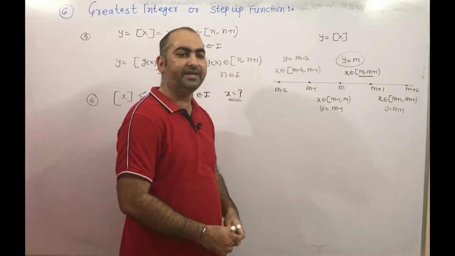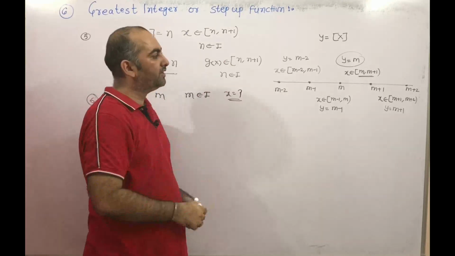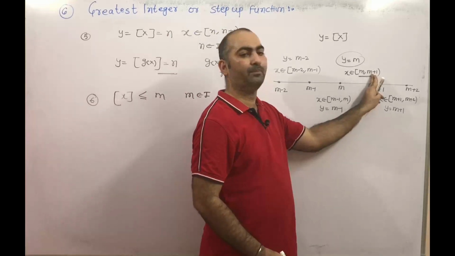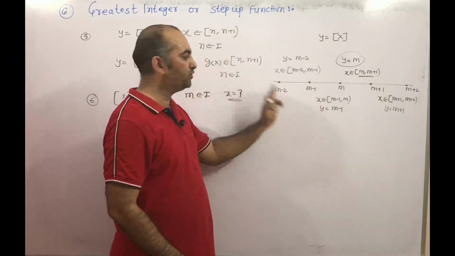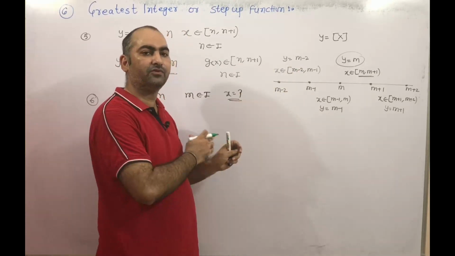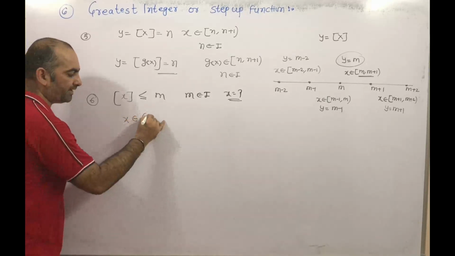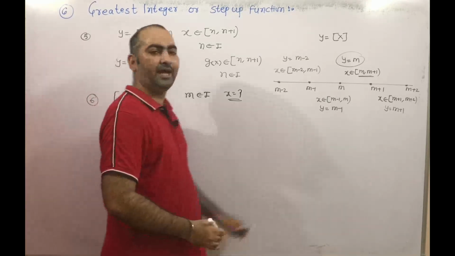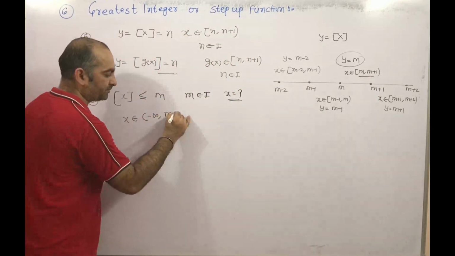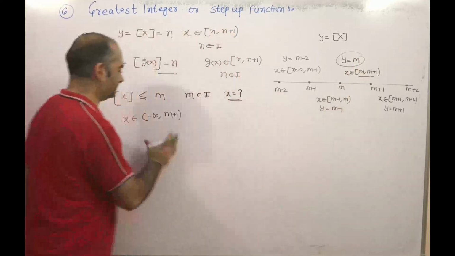So we will take the union of all of these and the previous ones. We want till m, so we will take values till m plus 1, and before that everything will come, because m minus 1, m minus 2, m minus 3 and m minus 4 are also valid. So x belongs to minus infinity to m plus 1, and m plus 1 is open, because in this interval we are getting m. This is your answer.